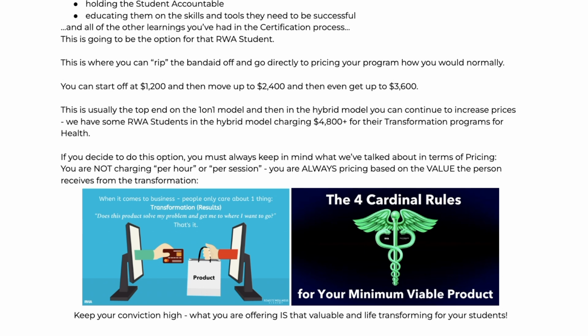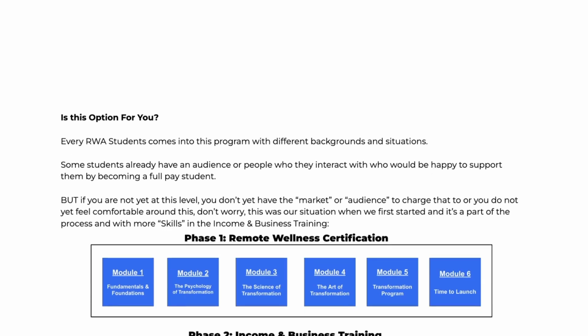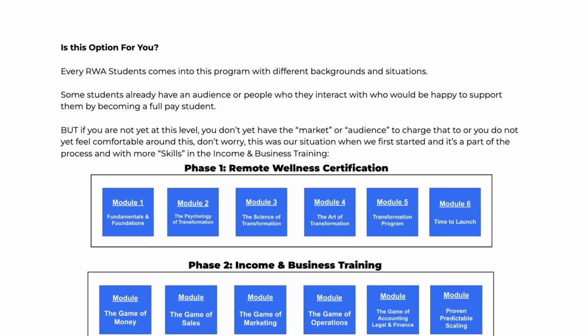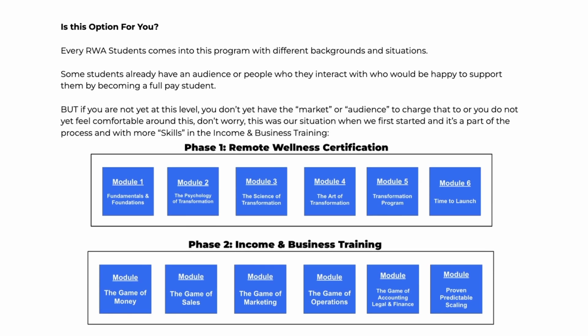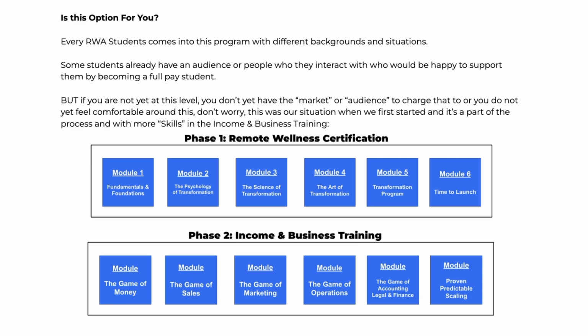And then the big thing around this is that some students might have the question, hey, is option number 2 for me? So here's the thing. Every RWA student is going to come into this program with different backgrounds, different situations, different experiences. We talked about this all the way back in a previous module when we talked about adult learning versus childhood learning, right? With adult learning, because you are coming into this with a different background than every other student, different options are going to be important for you, right?